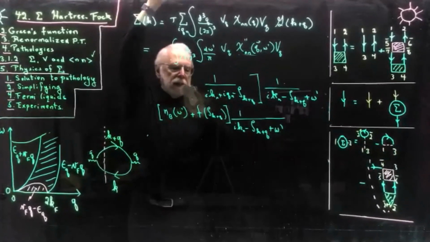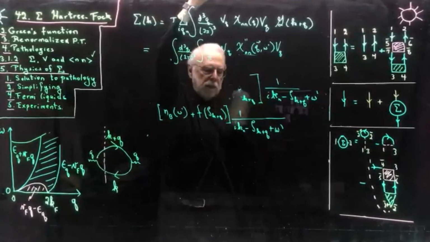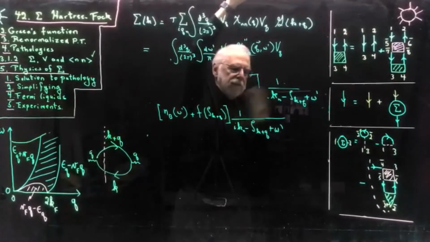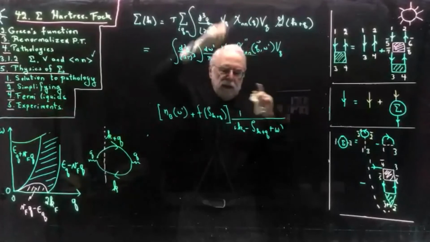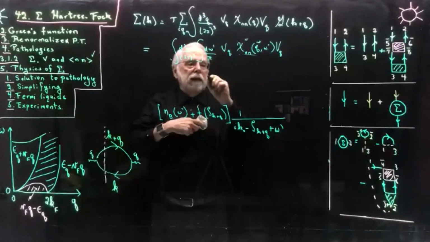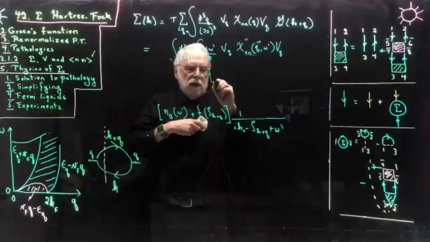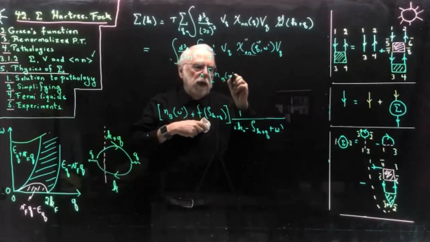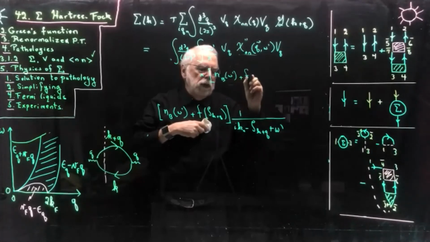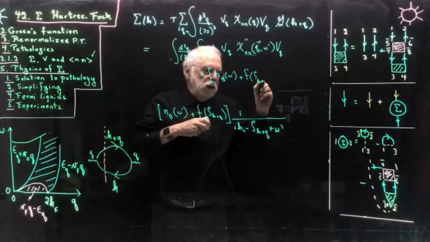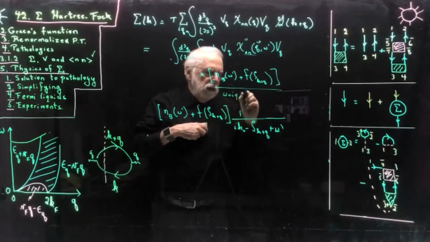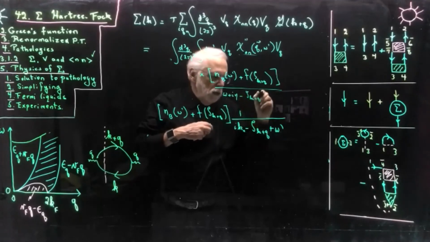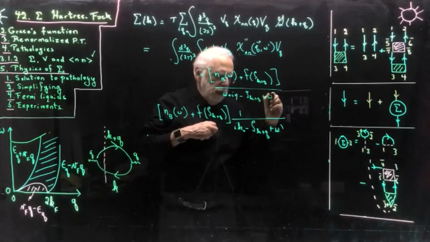But I get here times n Bose of omega prime plus Fermi function of zeta k plus q divided by omega plus I eta minus zeta k plus q plus omega prime.